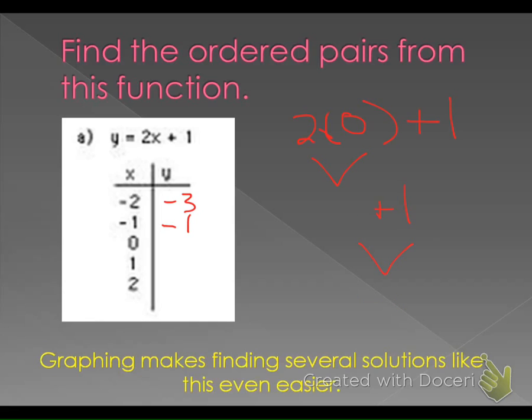Two times 0 is 0. 0 plus 1 is 1. Watch what happens when I put in a positive 1. Two times 1 is 2. 2 plus 1 is 3. I get a positive 3.